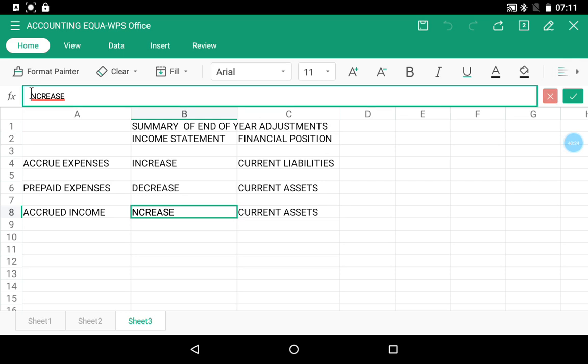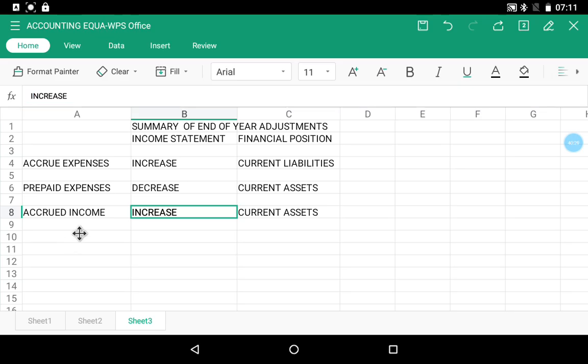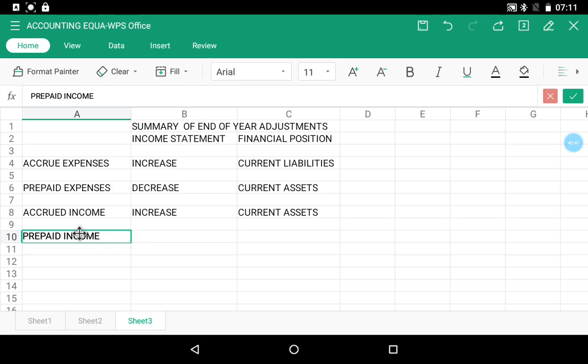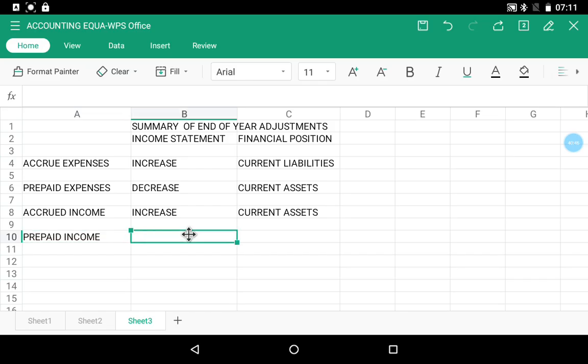Then the last one we have is prepaid income. We have said you have already received the income but you have not worked for it, so it will decrease or reduce the value of income.